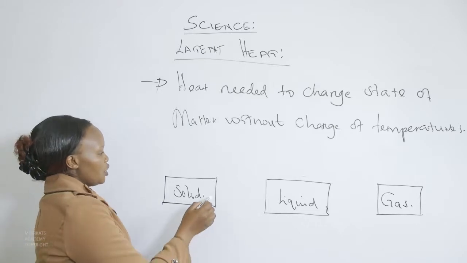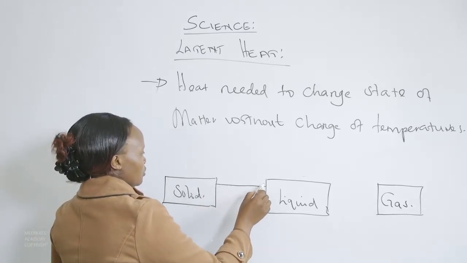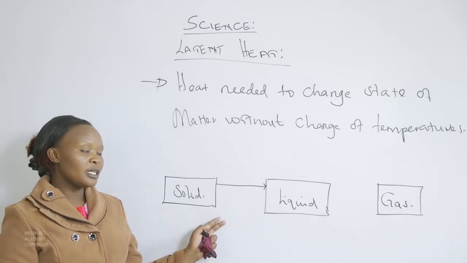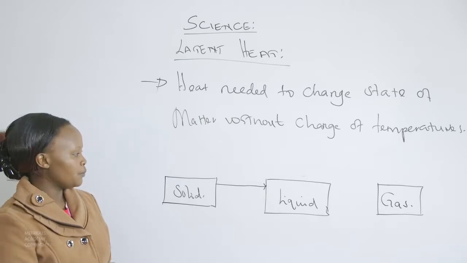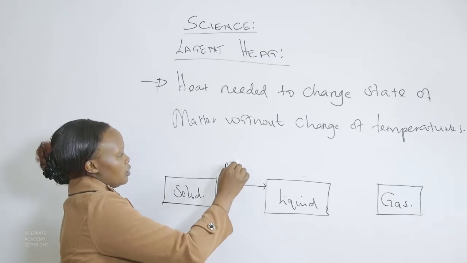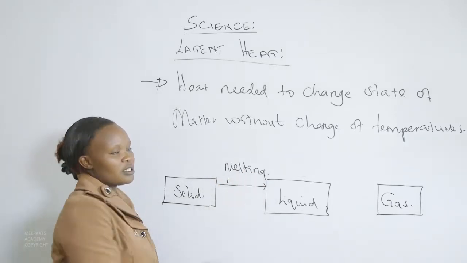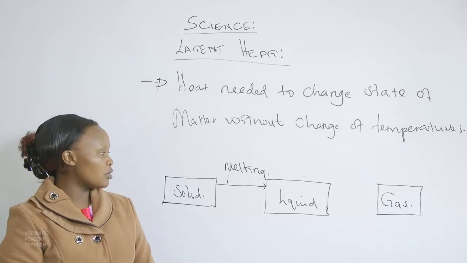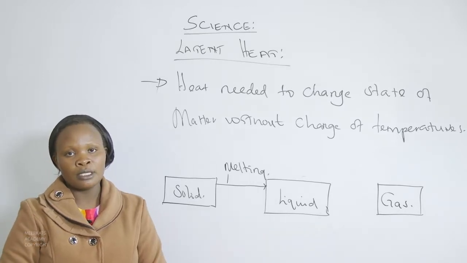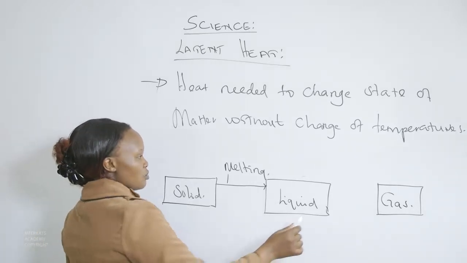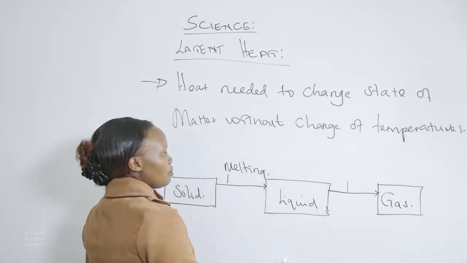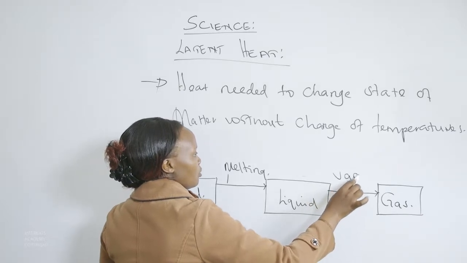To change from solid to liquid, we call that process melting. Melting requires that some heat be absorbed into that solid for it to transform to a liquid. We can as well talk about changing a liquid to a gas in a process that we call vaporization.